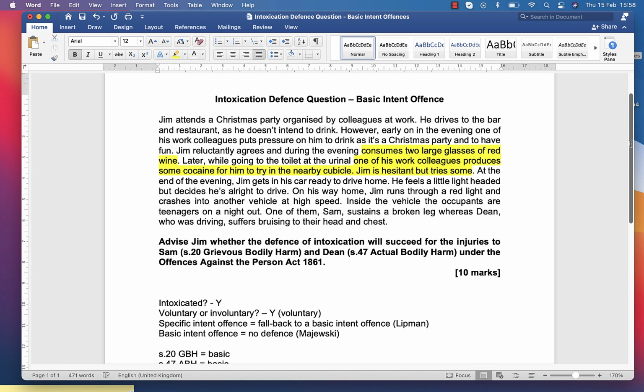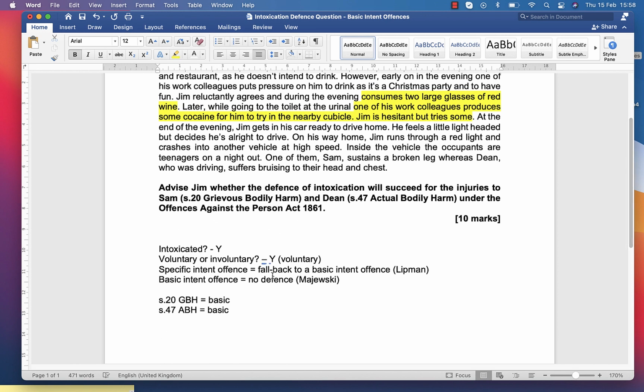So what I've put down here is, clearly basic intent offence for public policy reasons, remember. I said this in my previous video, which is where the law, unlike the other capacity defences, is trying to find a balance.